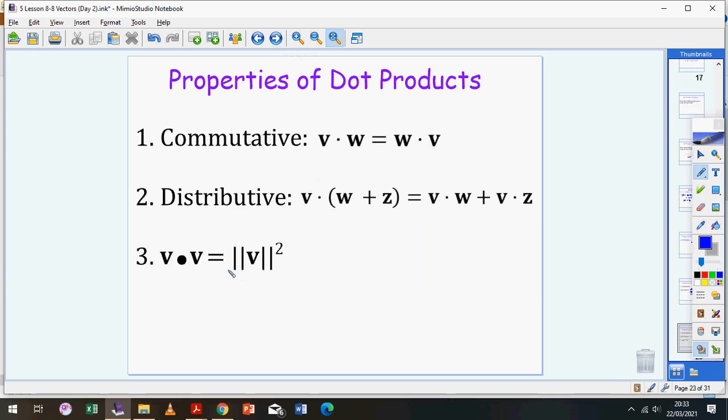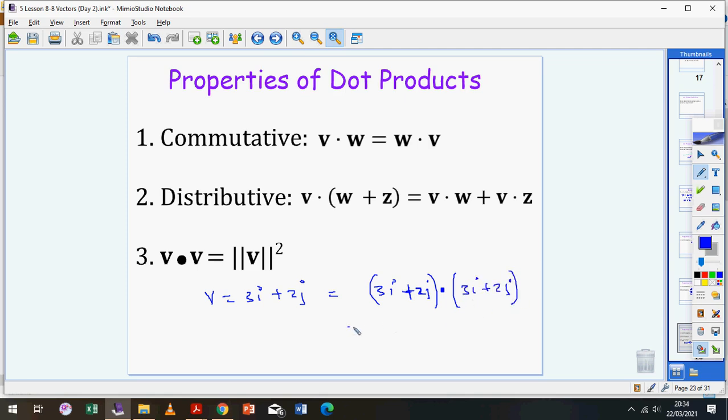The dot product of a vector with itself is equal to the magnitude of that vector squared. Because if you imagine, if I have a vector that is 3i plus 2j, then its dot product, I'm multiplying this vector 3i plus 2j by itself. I need to stop using multiply, because that technically means cross product. But the dot product will be 3i plus 2j dot 3i plus 2j again.